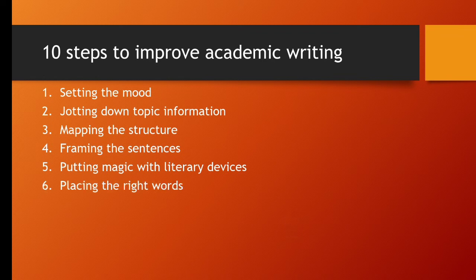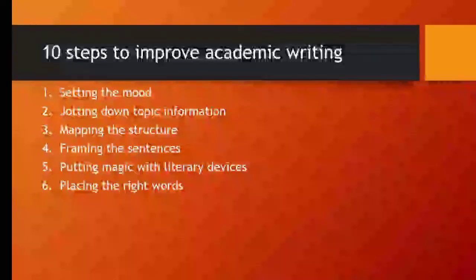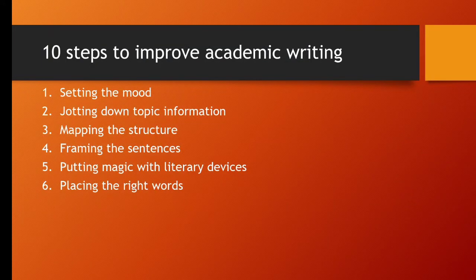Placing the right words. Depending on the context, we need to choose the right words for it. We call them jargons. If I am writing something about science, like COVID-19, I need to use the medical jargons, or it depends on the audience for whom I am writing.